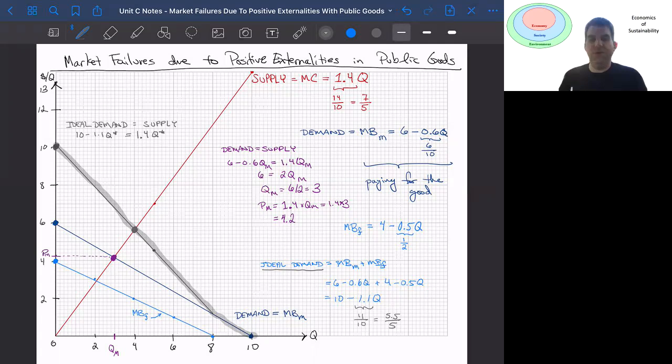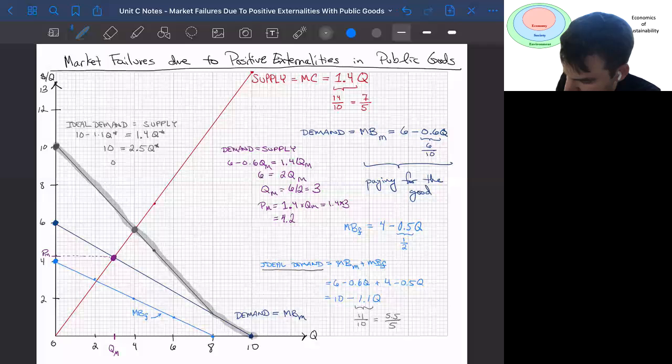If I move the 1.1Q star over, then I end up getting 10 is equal to 2.5Q star. Then I divide both sides by 2.5, and I find that Q star is equal to 10 divided by 2.5, which is equal to 4.